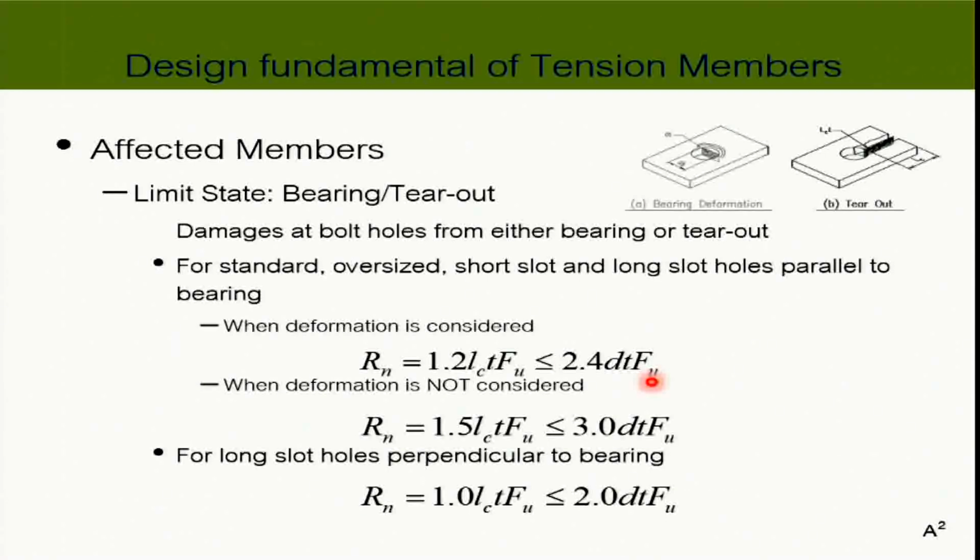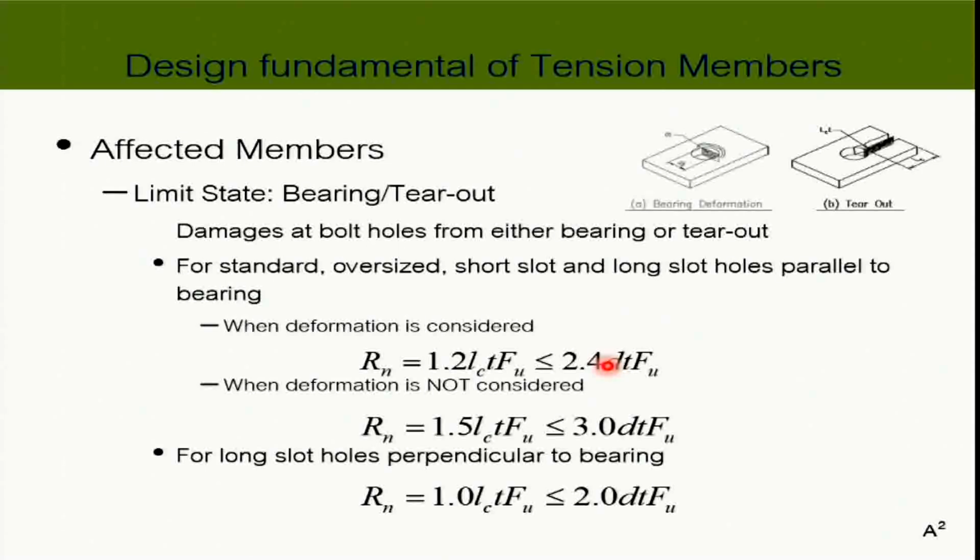And the design strength itself is 2.4 Fu, multiplied by this area, ladies and gentlemen, this is the projected area, which is equal to the diameter of the bolt multiplied by the thickness of the plate. So basically this failure is 2.4 Fu multiplied by the projected area, which is equal to dt.